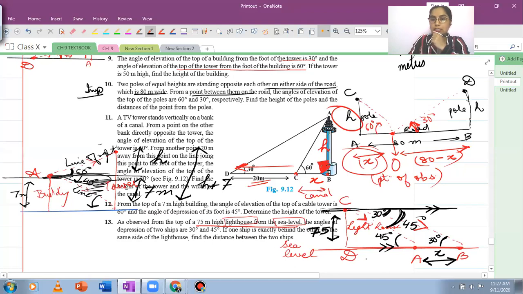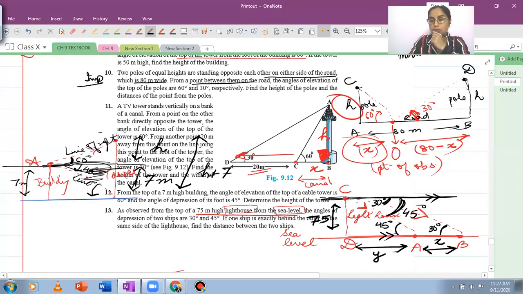Let's take this distance as x. And you can also take this distance as y. Because we are going to work with two triangles, the larger one and the smaller one. When you work with the smaller triangle, you will require AD. So I have named it as y. So we will be working with ADC, the smaller triangle, and BDC, the larger triangle.